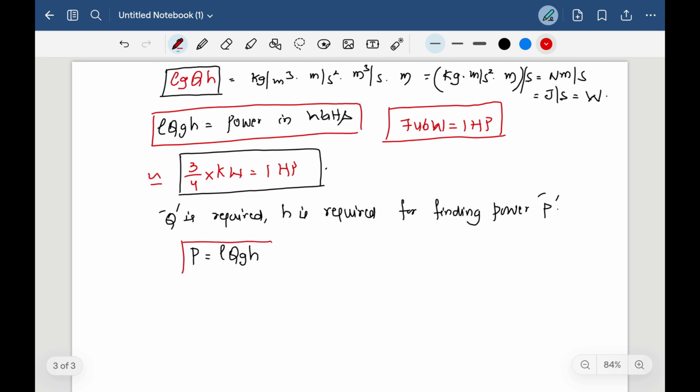Because it's a very, very important formula. People make a lot of mistakes in units and they will end up with some other answer. Please don't do that. In simple examinations, a simple question may be given. Some distance may be given in centimeters or kilometers, and you are asked to find out the power in watts. You will just go and blindly multiply. Please see the units also. SI units, SI units. Please apply SI units.